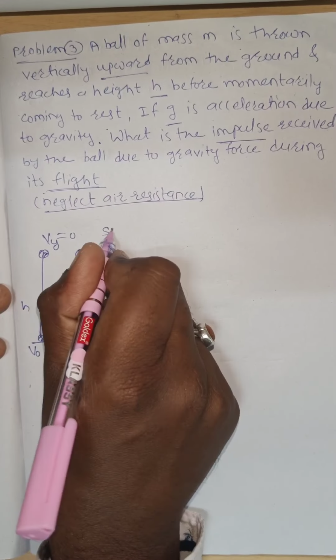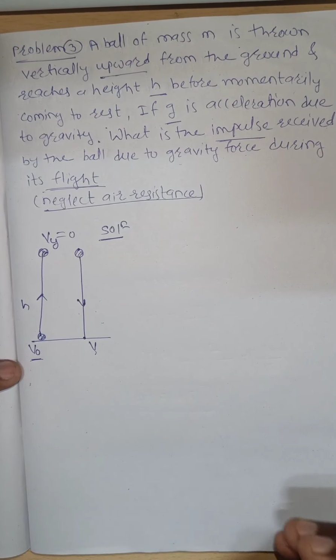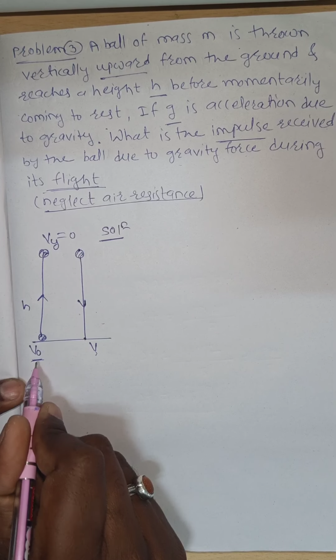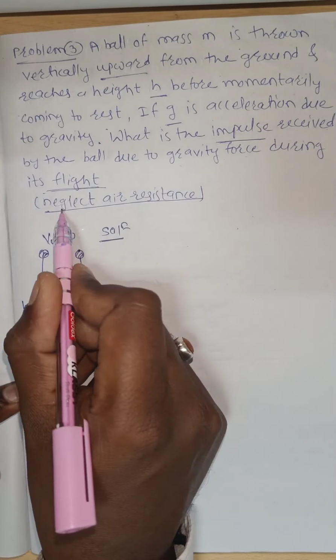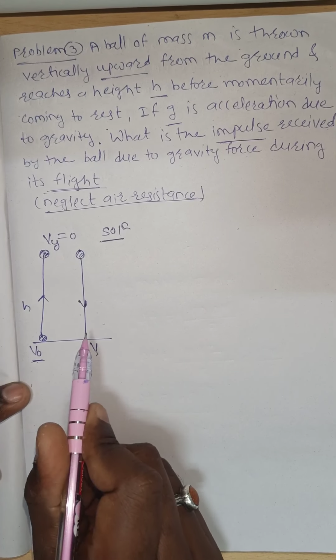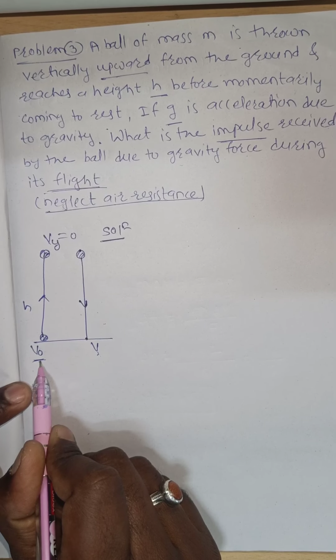Now, the solution. First we have to find the initial velocity. If we neglect air resistance, then the final velocity when the ball reaches the ground is the same as the initial velocity.